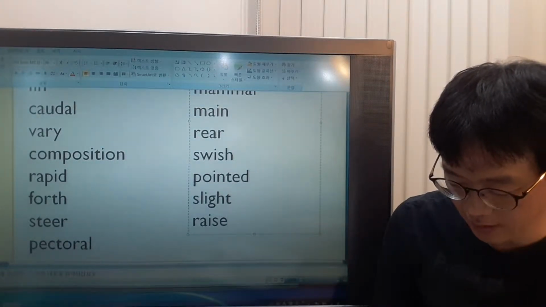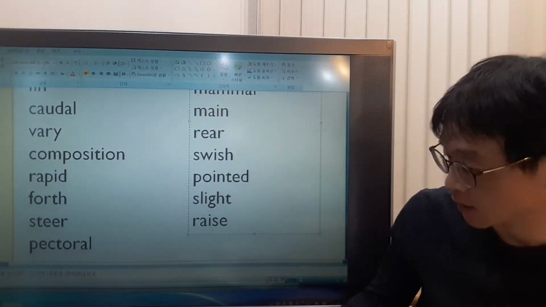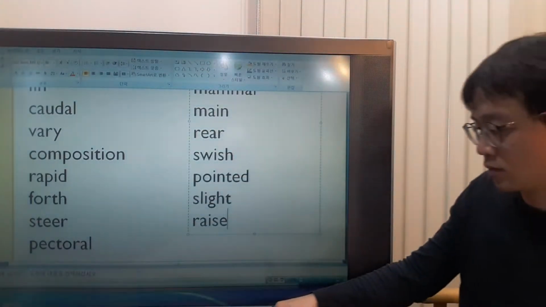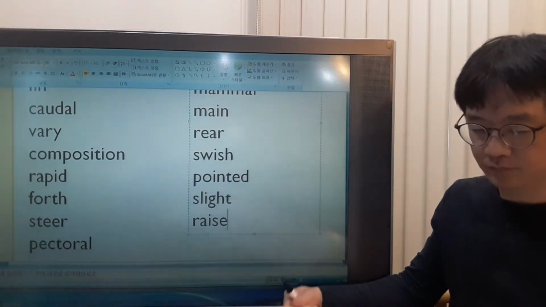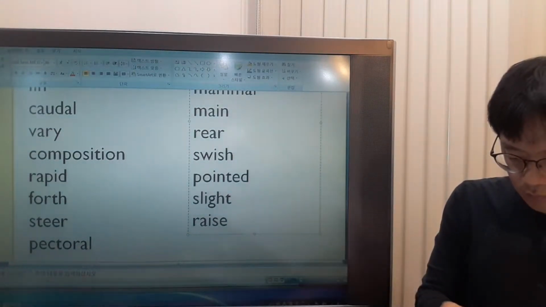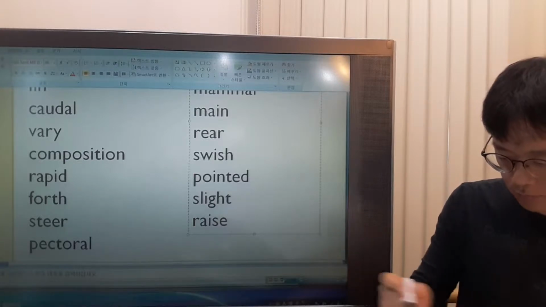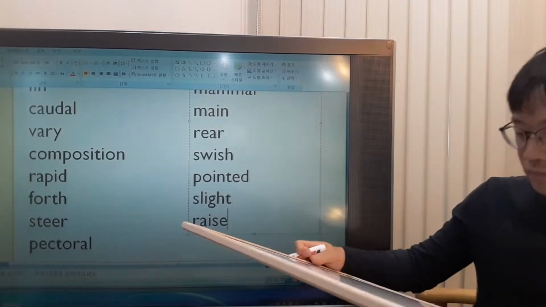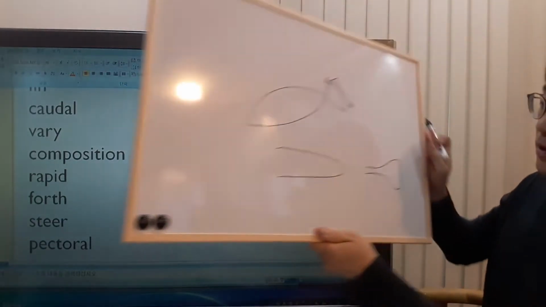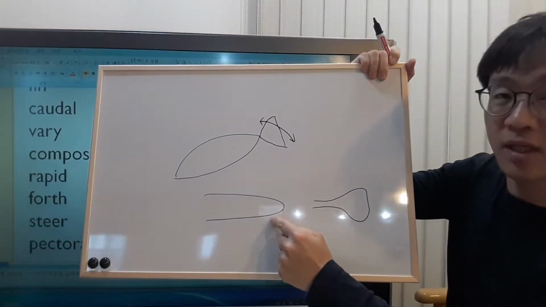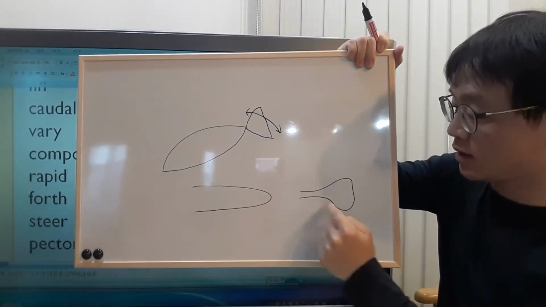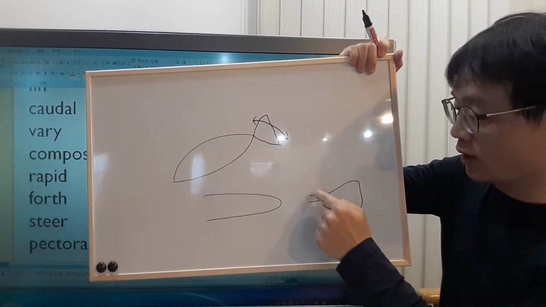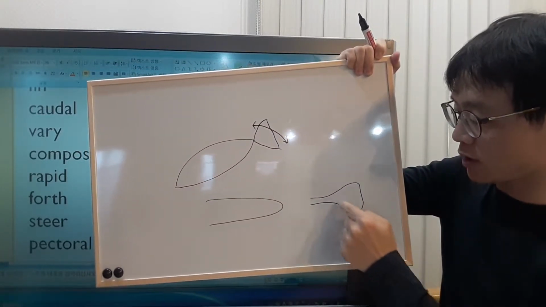So, they're saying that if this is going to be a pointed tail, this is going to be a pointed fin where there's a raised part.